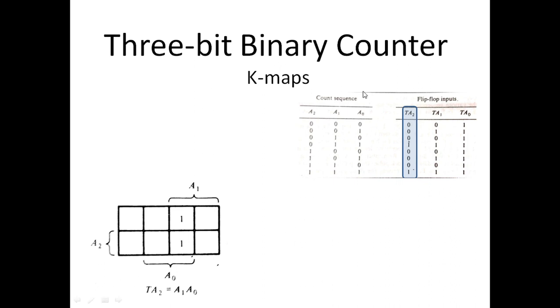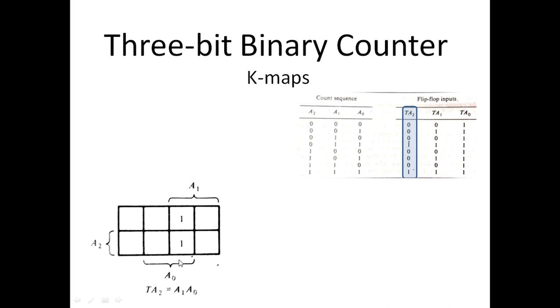This is the function TA2, and it's a 3-variable Boolean function because we have 3 variables here, and these 3 variables are actually the outputs of the T flip-flops, but here they are considered as the inputs to the inputs of the flip-flop.